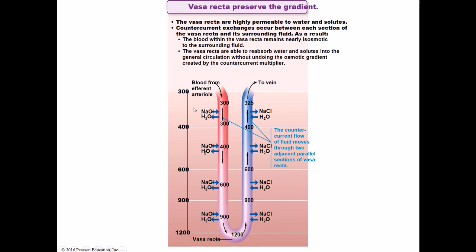So in here we have sodium being reabsorbed by the blood, water being let out. Here we have sodium being released from the blood into the interstitial fluid and water being reabsorbed by the blood.